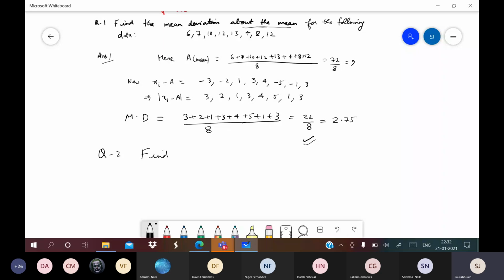Now I am giving one question to you. Find the mean deviation about the median for the following data.